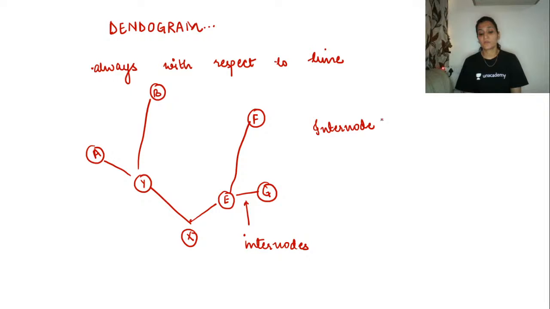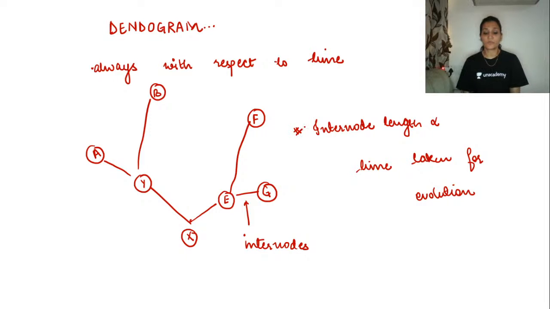Internode length is directly proportional to the time taken for evolution. This is about the internode. Now we'll make a phylogenetic tree and try to name the things, and after that we'll move towards the questions which I have included.